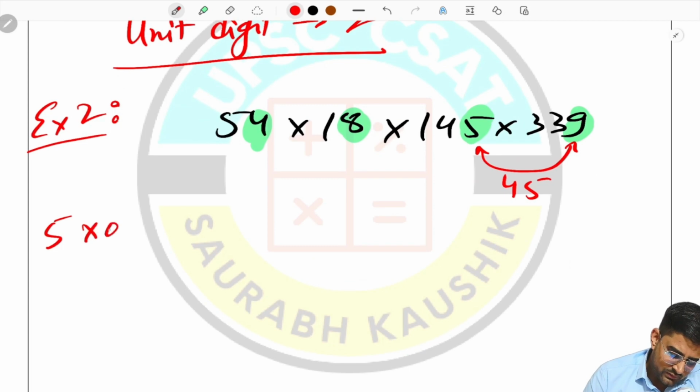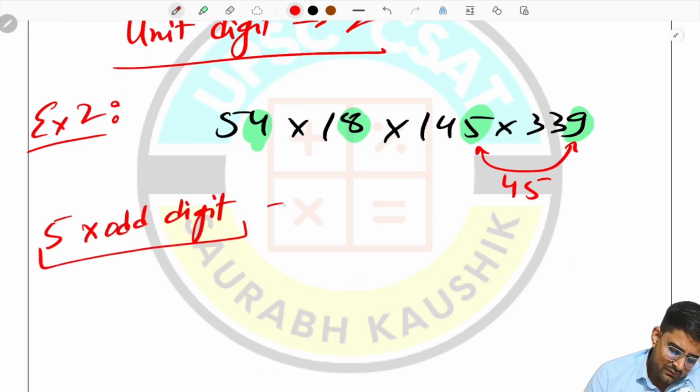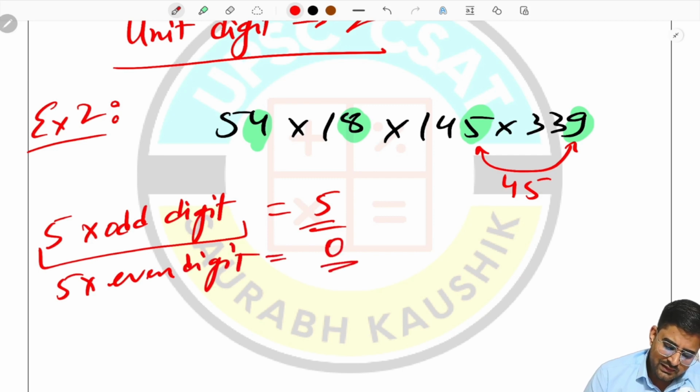Whichever odd digit multiplied by 5 will give you 5 at the end. Whichever even digit multiplied by 5 gives you 0 at the end of the whole number.